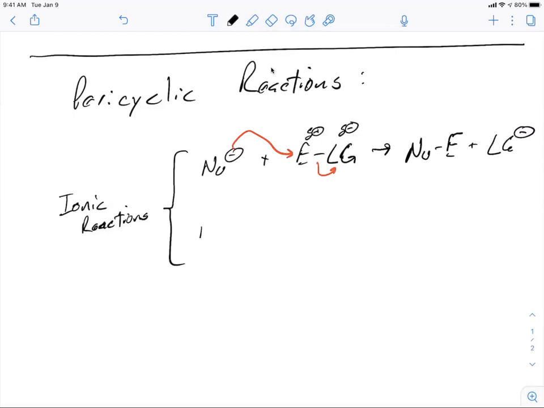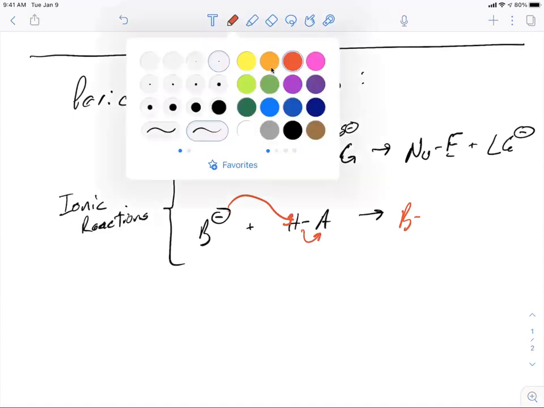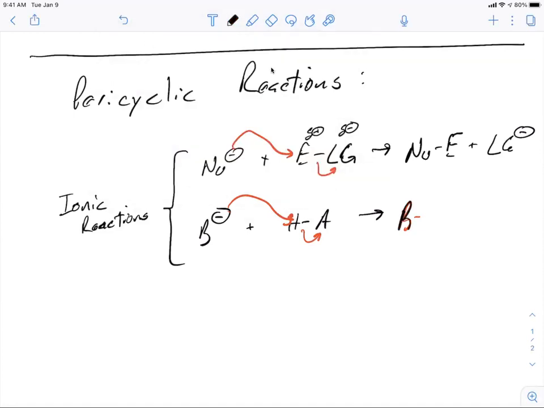We also had our acid and base reactions. So if we had a proton, base, so base extracts proton, electrons go back to the anion, and we see. So we have already covered ionic reactions.